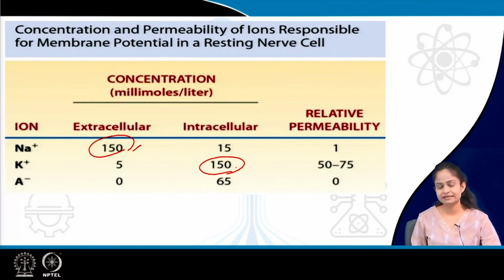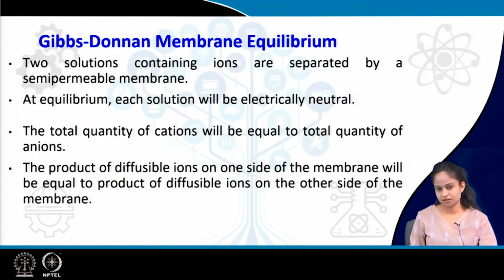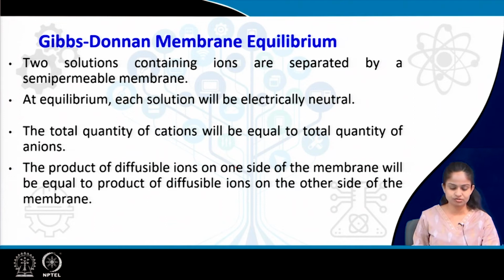So, the potassium ion concentration is very high intracellularly, whereas the ECF, or extracellular fluid, has a higher concentration of sodium ions. And as I told you, the macromolecules, proteins or larger anions are present inside the cell, that is, intracellularly. So, we come to the Gibbs-Donan equilibrium. What does the Gibbs-Donan equilibrium tell us?